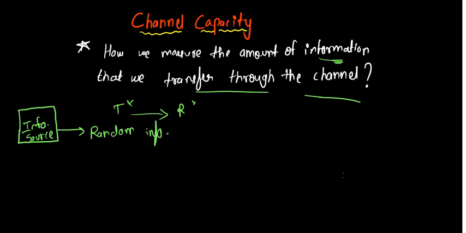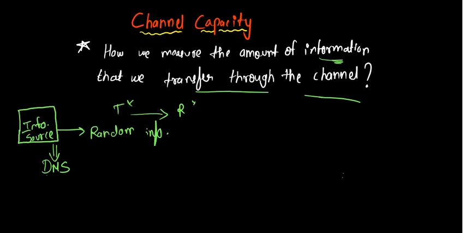So the output of the source is characterized in statistical terms, right? So there are sources like DMS. In the case of analog sources, there is a totally different theory, okay? But since we are in the digital domain, we'll be discussing specifically the discrete memoryless source.